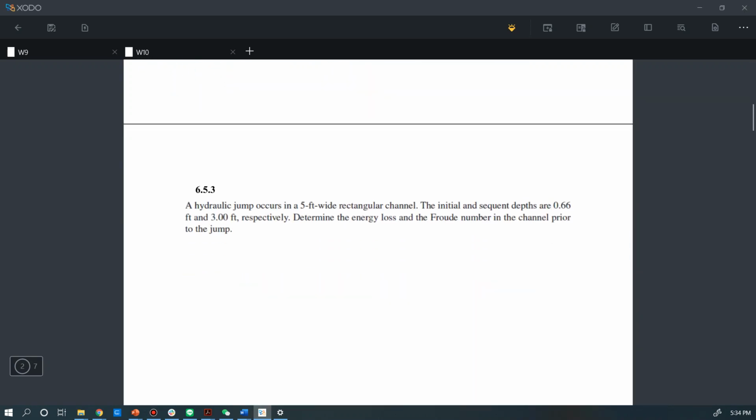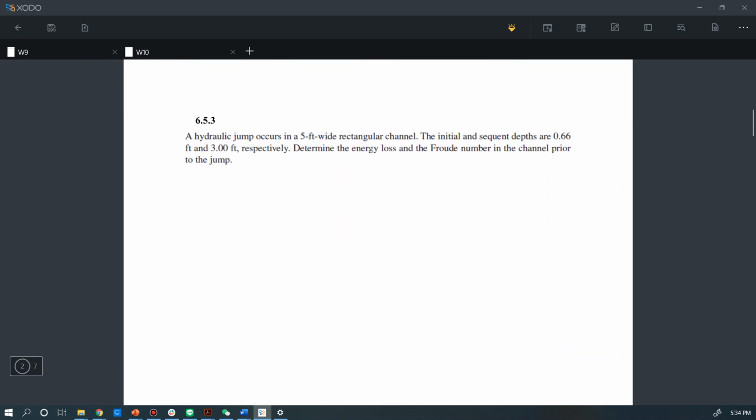Now let's move on to the next question, 6.5.3. The question says we have a hydraulic jump occurring in a 5 feet wide rectangular channel. So let's draw the diagram for that first. This is the bed, and we have a hydraulic jump.